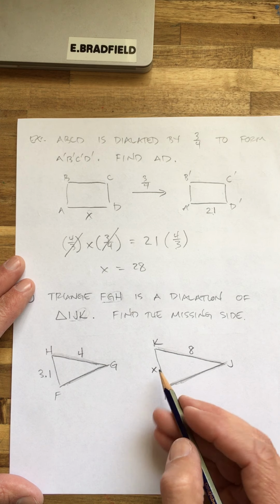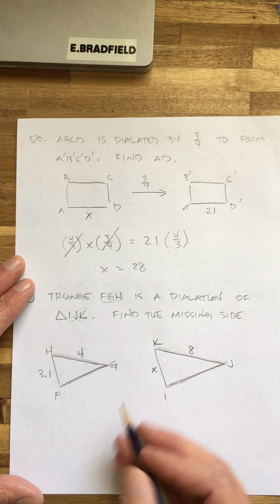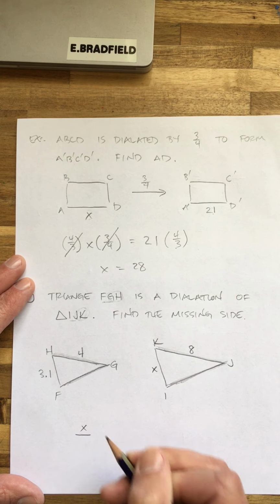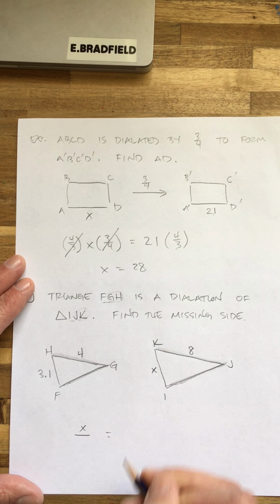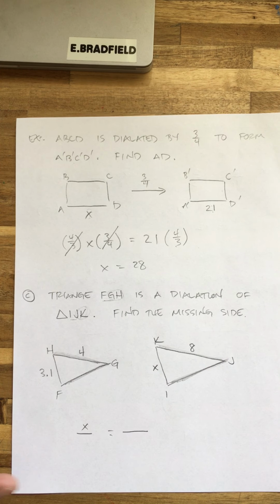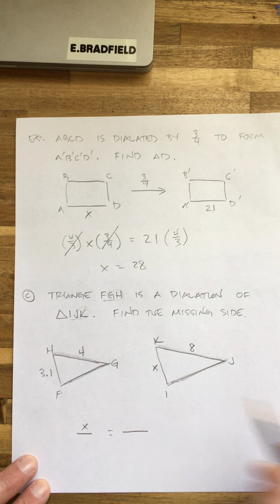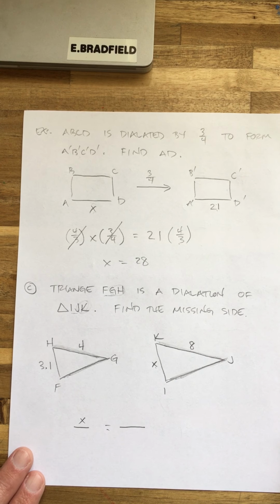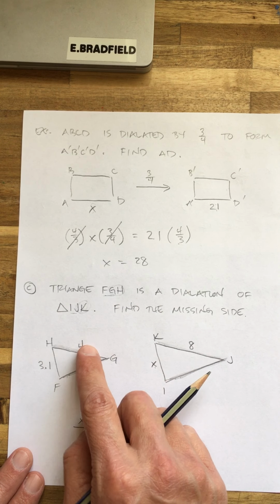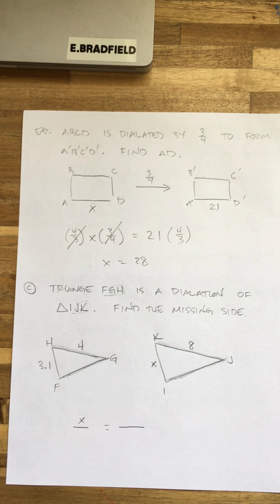All right, so here we go. We know that the X over something is going to equal something else over something else. We always want that X up in the top left corner. So what does that X match up with? Now listen, there's really only one wrong answer. If you say that the X matches up with the 4, that's completely wrong. You need to go back to school. Oh wait, you're in school. Hopefully you'll learn something, so pay attention.